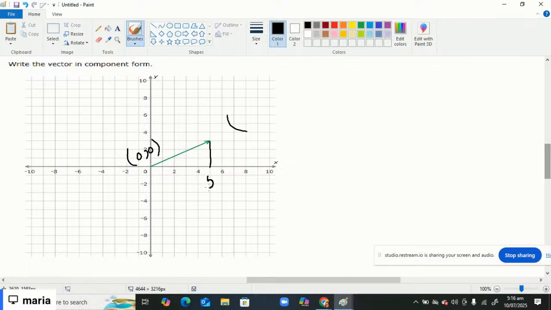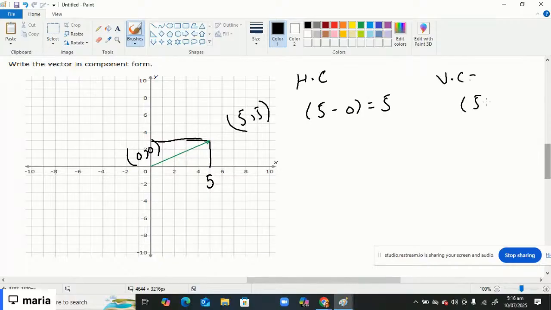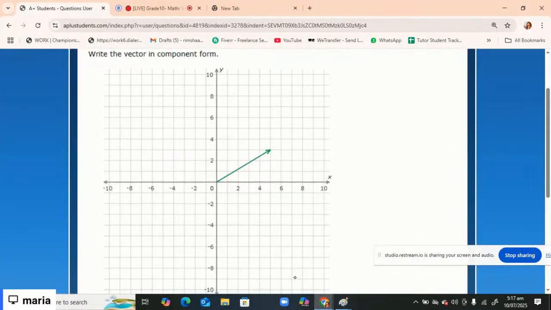That is on the 5, and this is also on the 5. So that is 5 and 5. So how much is the horizontal change? 5 minus 0, that is 5. And the vertical change? This is 5 minus 0, and that is 5. So first the x value, then the y value. The x value is 5, the y value is also 5. So that is 5 and 5. Let's see, is there any answer for 5 and 5?